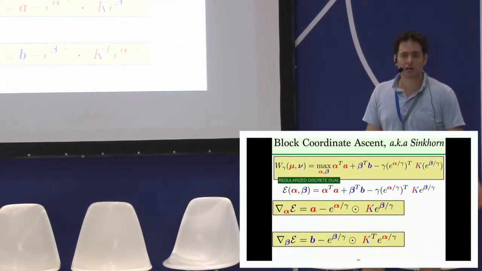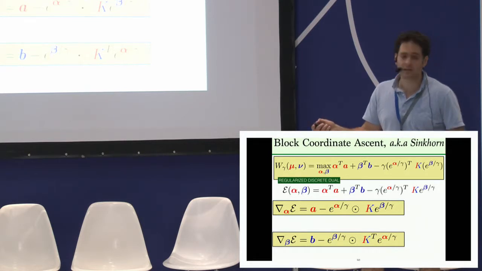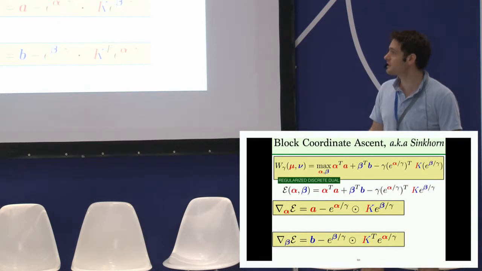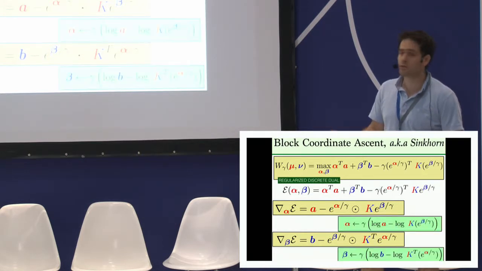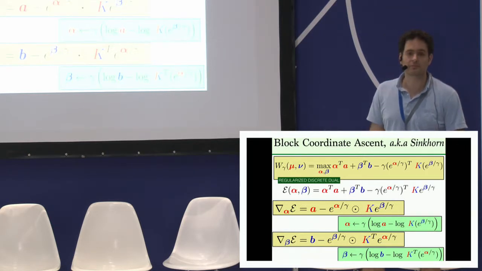Now, block coordinate ascent here is essentially trying to choose alpha such that the gradient is cancelled. I might do this iteratively, or I might get a closed-form solution, and in this case it's easy to get a closed-form solution. If you choose alpha to be this quantity, you can easily see that this is 0. And if you choose beta to be this quantity, then this is 0.